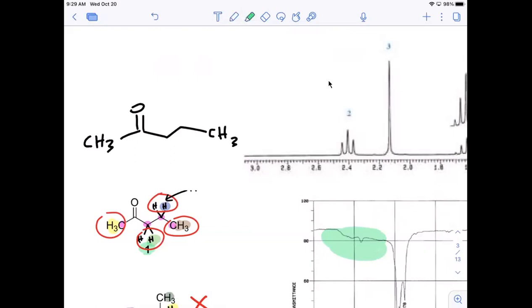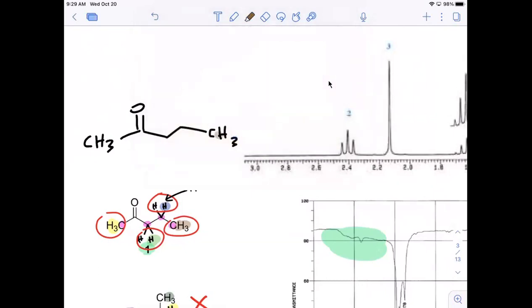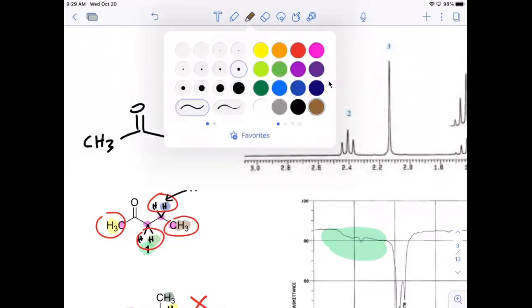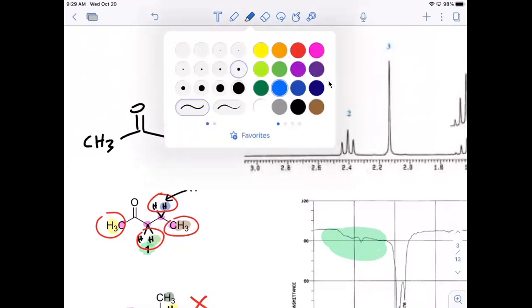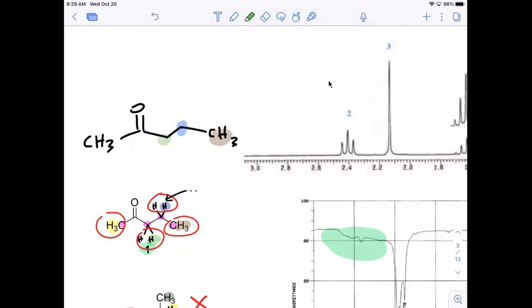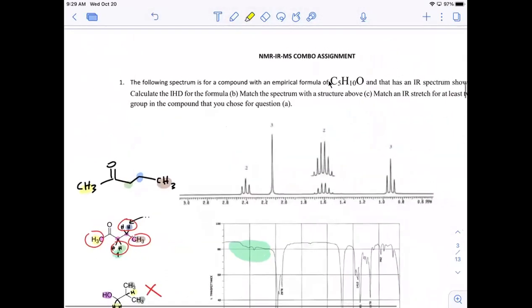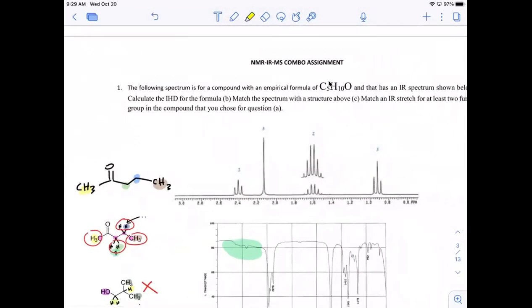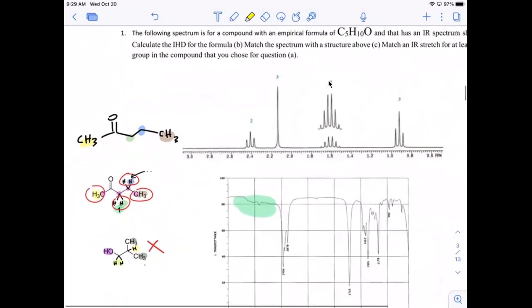I'm gonna keep the colors brown, blue, and, all right, so that way we can just color code the spectrum. All right, so let's start here.